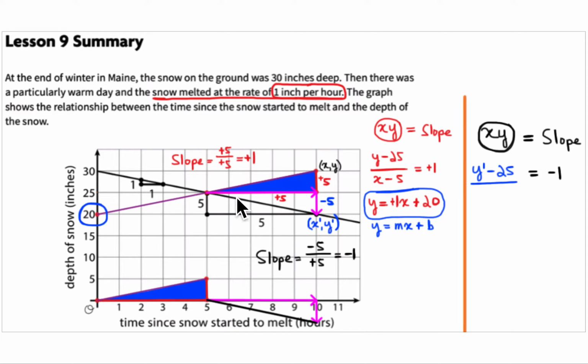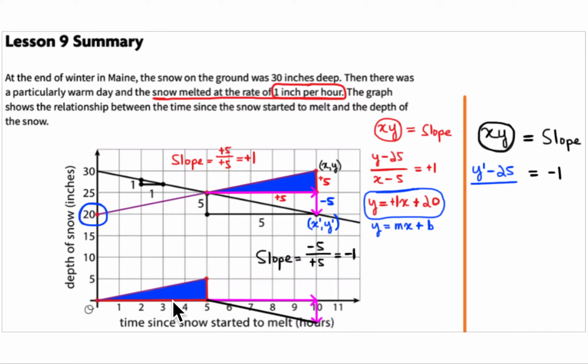So now if we slide this slope triangle down, remember you have to subtract where you start. So this is going to be y prime minus 25. So we're sliding this slope triangle down to here. So that's y prime minus 25. And now we're going to slide it over by subtracting this 5 from the x value. So this is x prime minus this 5.